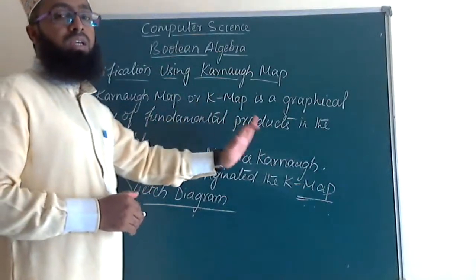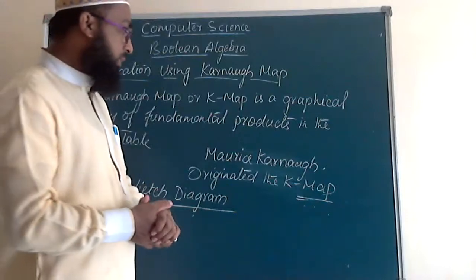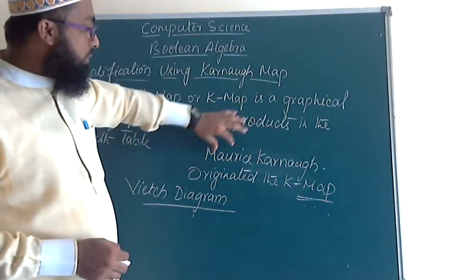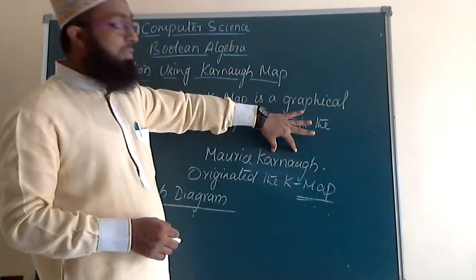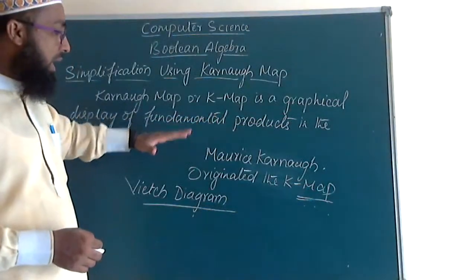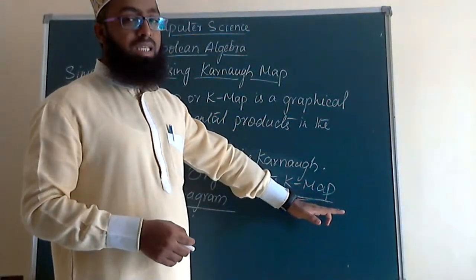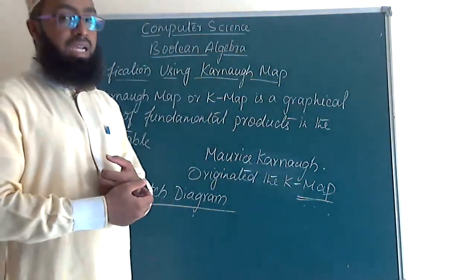This Karnaugh map was originated by Maurice Karnaugh, so his name has been given to this map. It can also be called a K map, which is called the Veitch diagram.